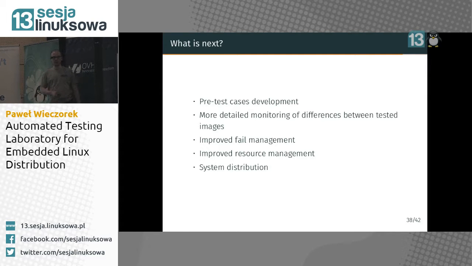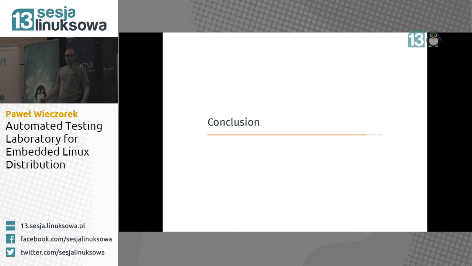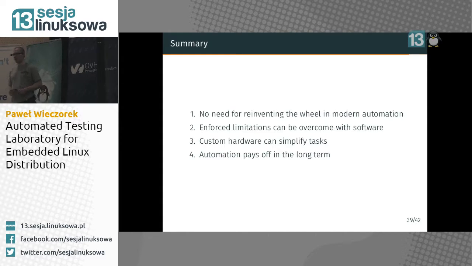So to sum it up, there is absolutely no need for reinventing the wheel while we design and create a modern automation laboratory. All the software is already there as building blocks for us.